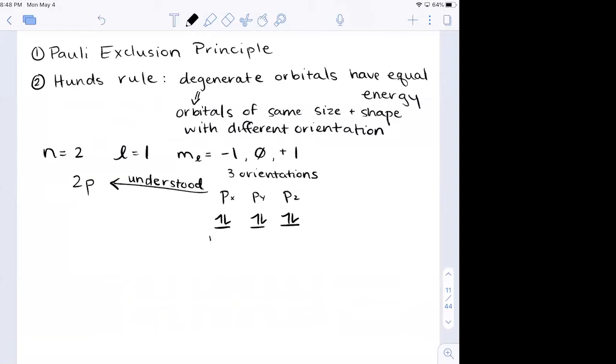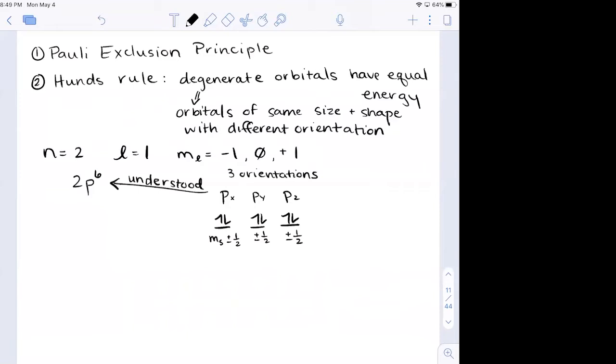Why can it have 2 electrons? Because of the ms of +1/2 and -1/2. Each one can have a +1/2 and a -1/2. So 3 orientations, 2 electrons in each. To fill the 2p orbital, we can have 6 electrons.